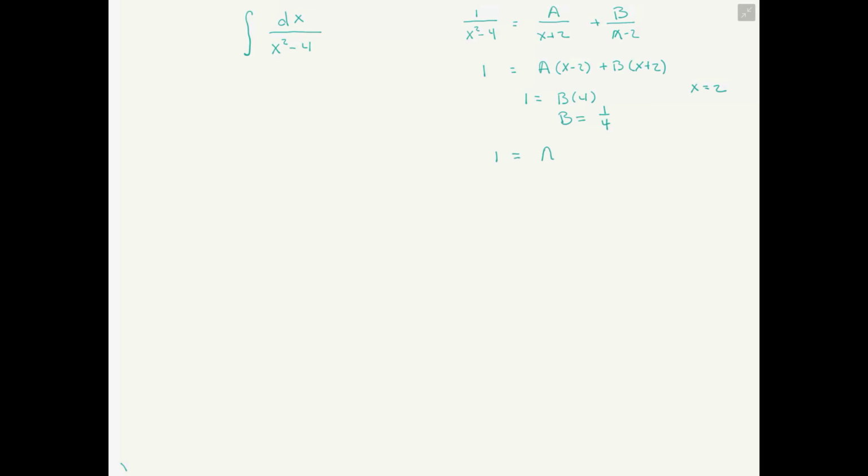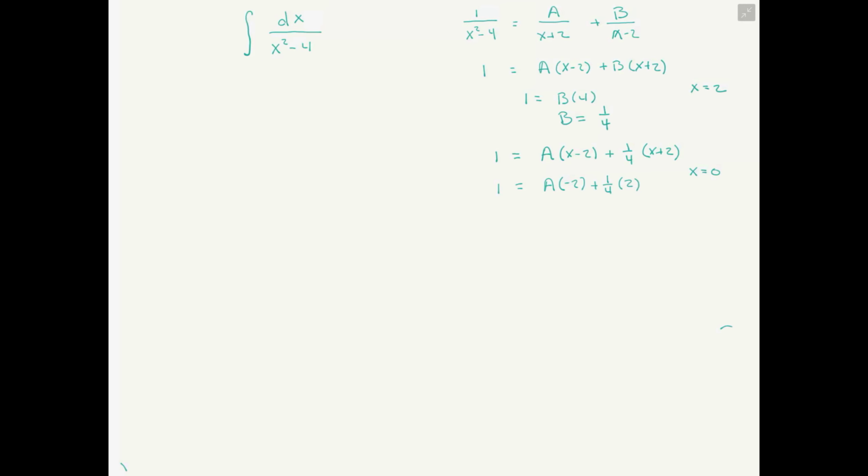And now we set x equals 2 to solve for b. So we have 1 equals b times 4. So b equals 1/4. We plug that back in, and we got 1 equals a times x minus 2 plus 1/4 times x plus 2.